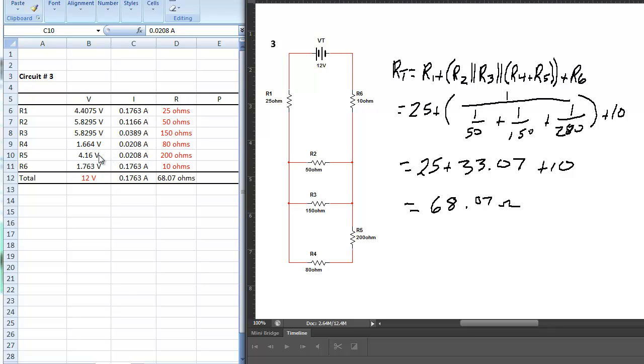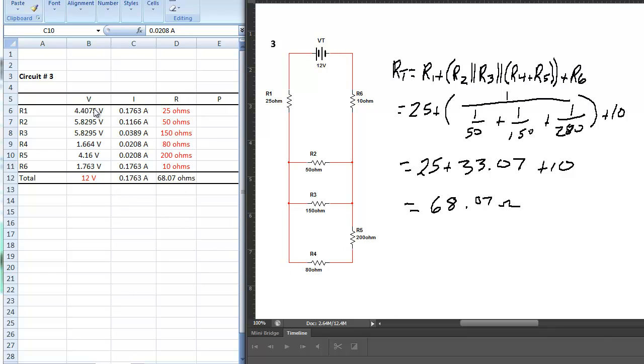Alright, and using Ohm's law again, you have for V5, 4.16. Now, V4 plus V5 should equal the voltage supplied to this entire parallel section. If you notice, V4 plus V5 does in fact equal very close to this figure here. If you sum those, it's 5.824. Because of rounding, it's definitely close enough.